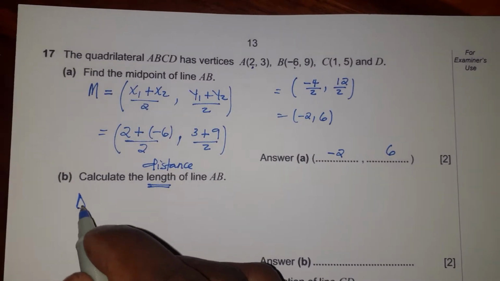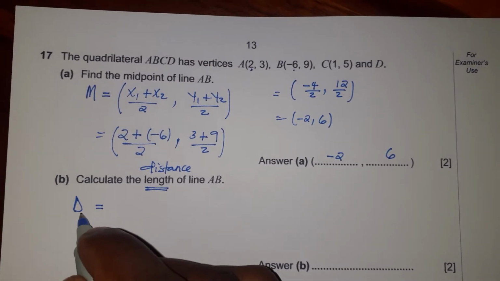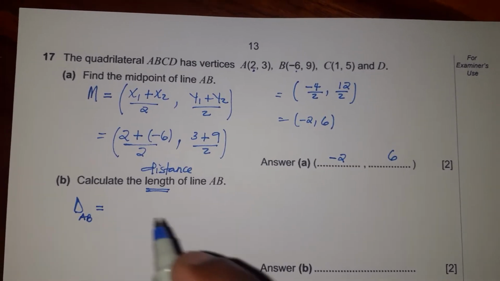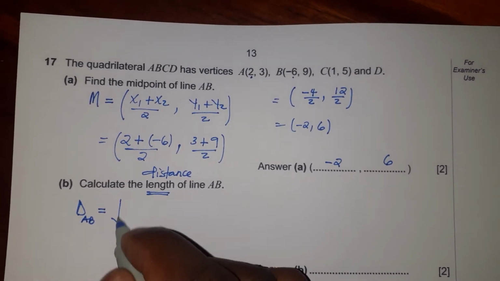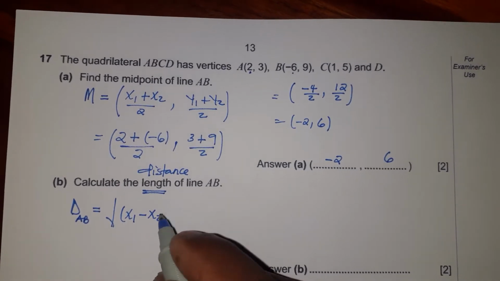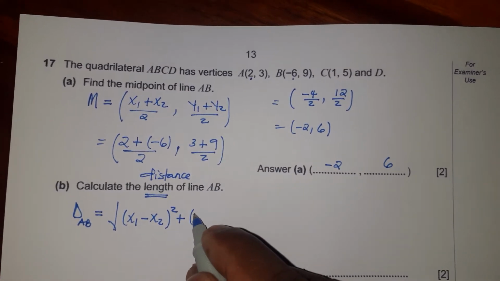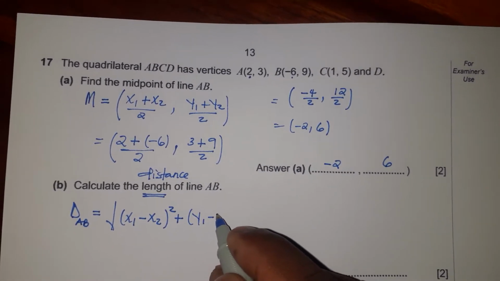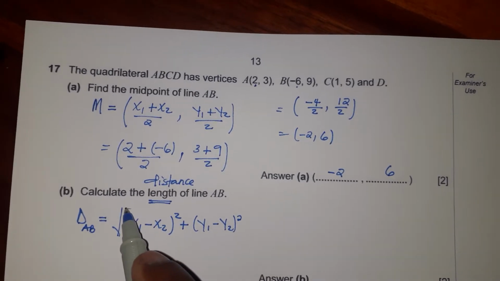So we write capital D for distance, equal to, we can even write AB here, distance for line AB, and then we have to use that formula: x1 minus x2, we square that, and then plus y1 minus y2, and then we square that, everything under the square root.